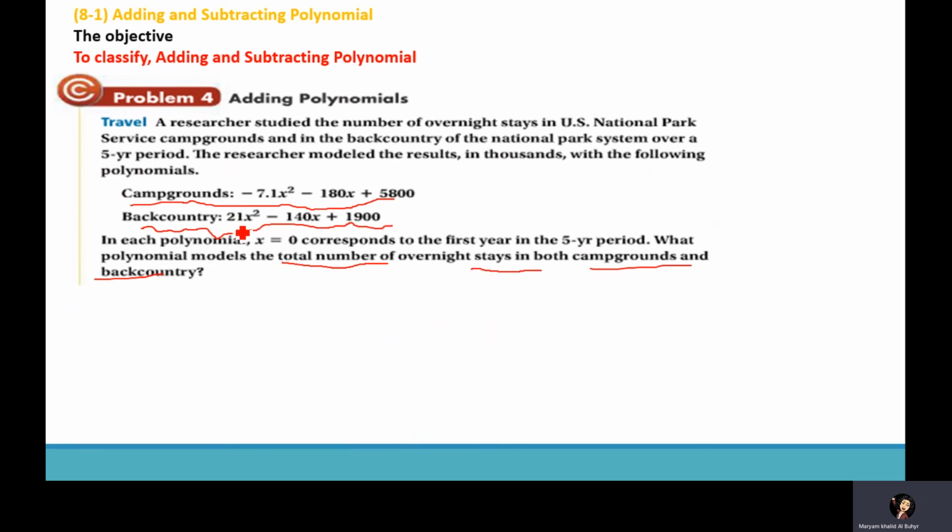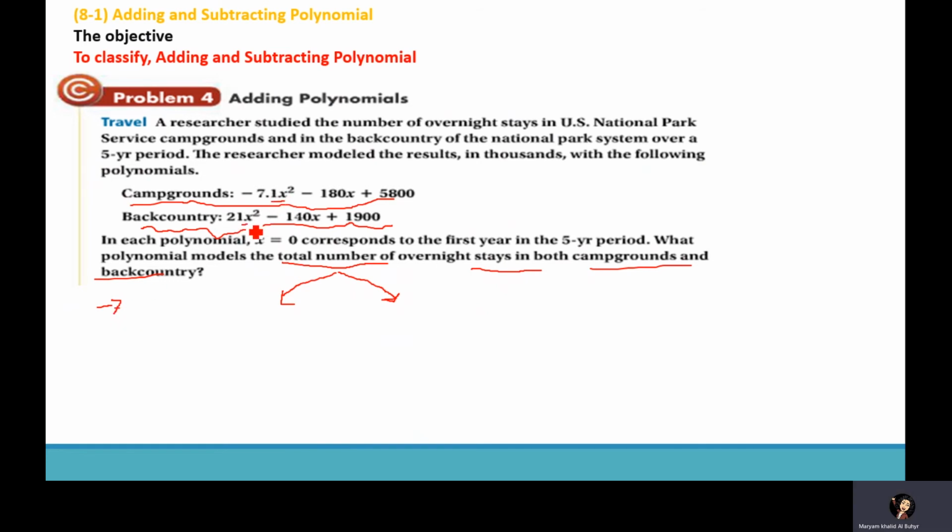Once you add polynomials, you look at the like terms, then you add or subtract them together. If you have unlike terms, you leave them. There are 2 ways. You can add them vertically like this, which means listing the like terms together.